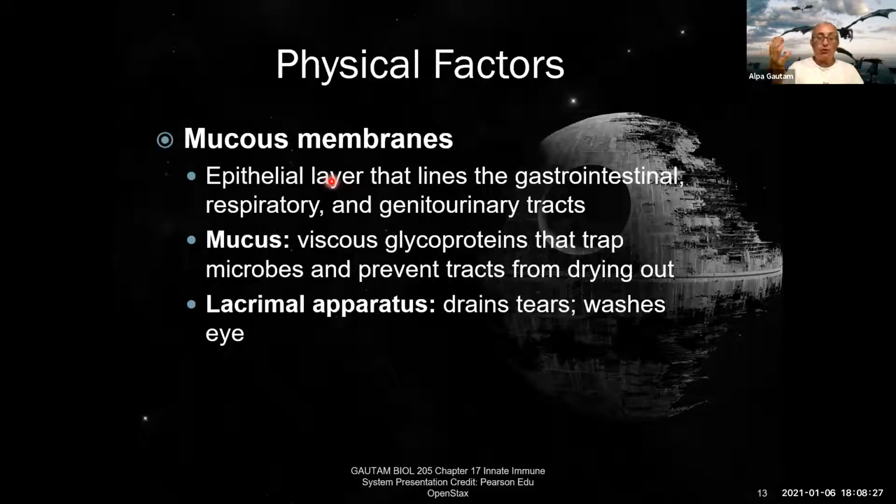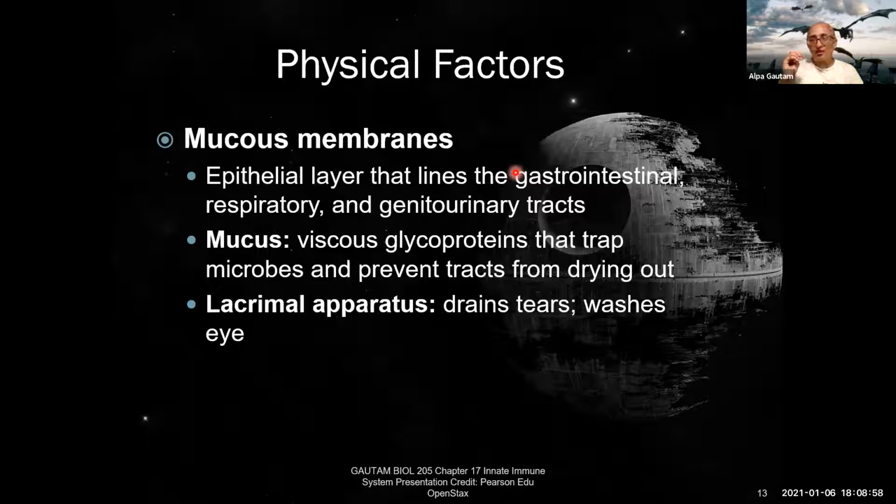Goblet cells are modified epithelial cells that produce a chemical called mucus, right? So membranes that have goblet cells are called mucous membranes. It's an epithelial layer that lines the GI tract, the respiratory tract, and the genitourinary tract, right? So this is a layer present anywhere we have interaction with the external environment. And these goblet cells produce mucus.